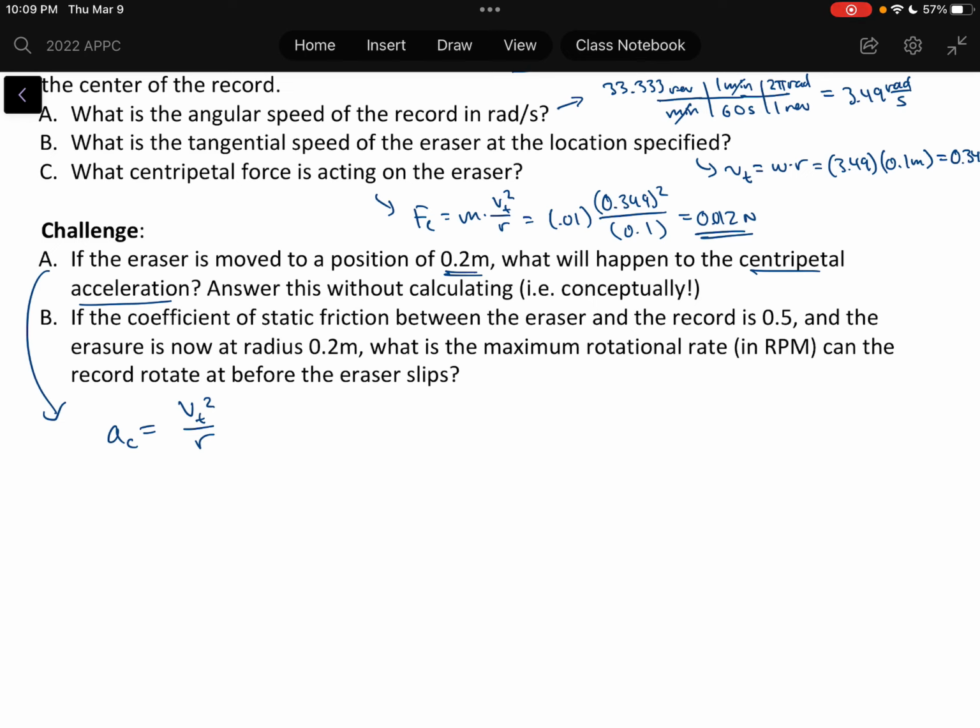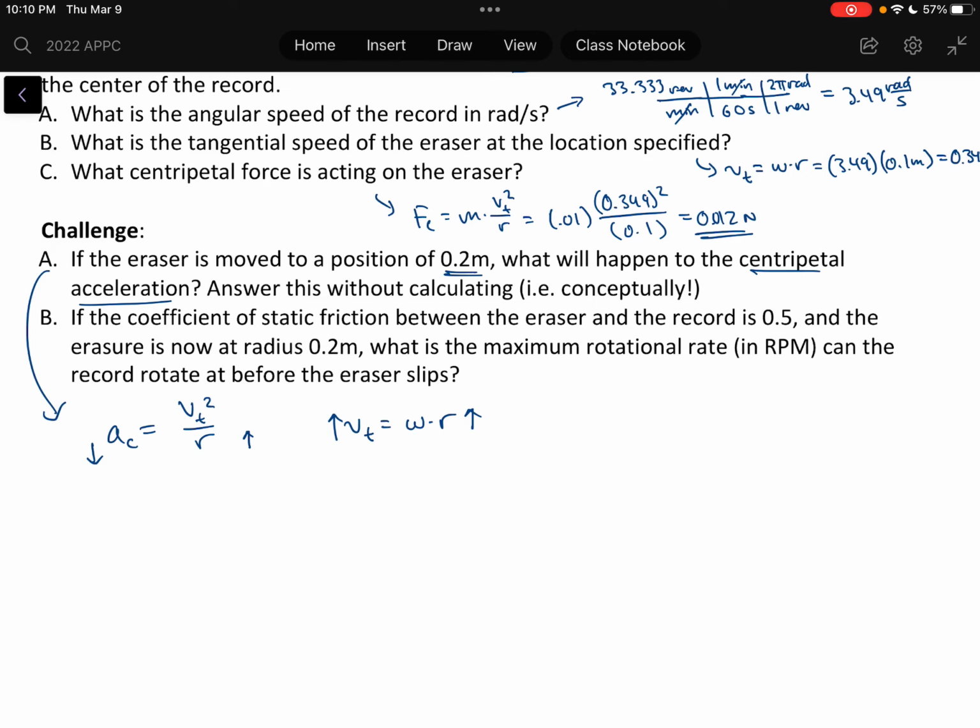So if I increase the radius, my denominator gets bigger, then a_c should get smaller. But you've got to remember, tangential velocity is also dependent upon the radius. So if the radius goes up, tangential velocity goes up as well.